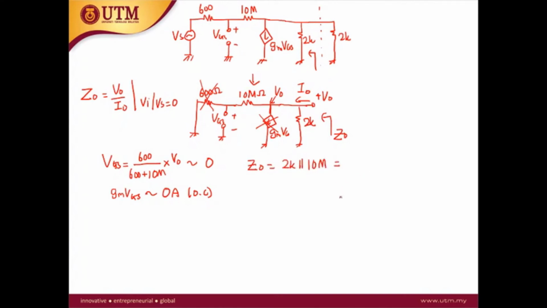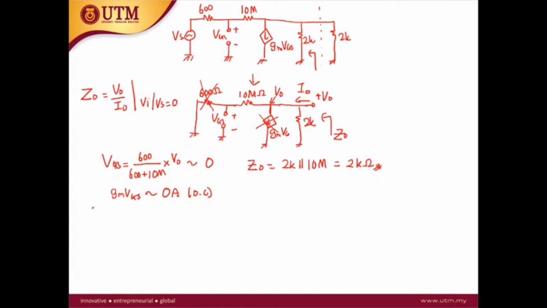So this parallel equation will give you approximately the value of 2 kilo ohm. So the solution for the output impedance is quite simple, 2 kilo ohm, but actually the analysis behind the solution is not that simple as you may expect. Okay, this is the output impedance.